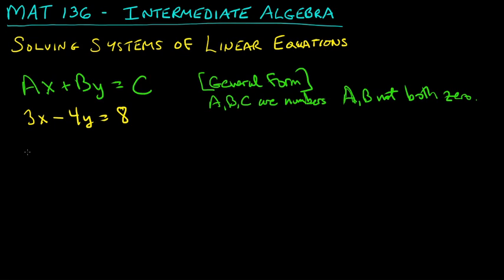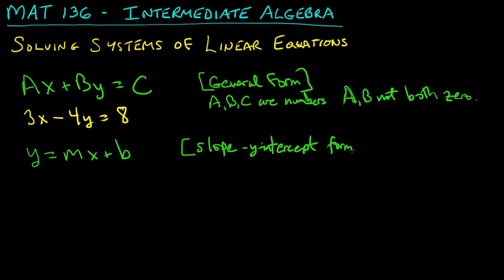Another way you can write it is in the form y equals mx plus b. Lowercase b, not uppercase b, a different b. You should also recognize this as the slope-intercept form.